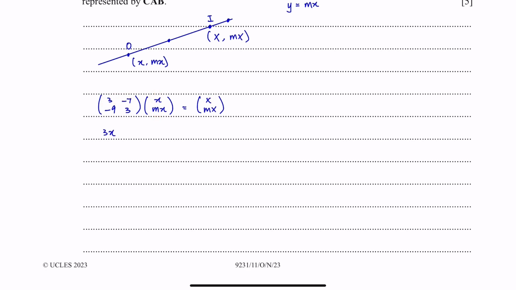So 3x minus 7mx equals the capital X, and this times this to get this. So the second equation will be negative 9x plus 3mx to get this. This will be the first equation, and this will be the second.